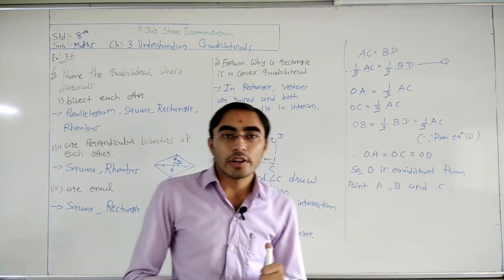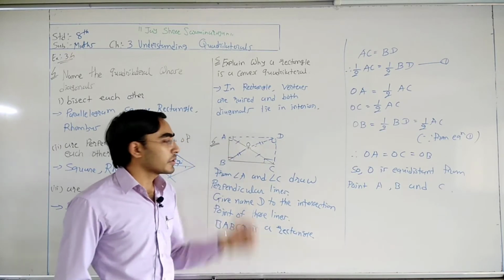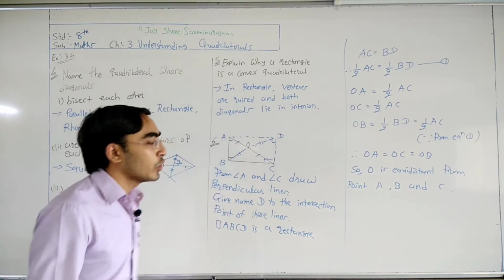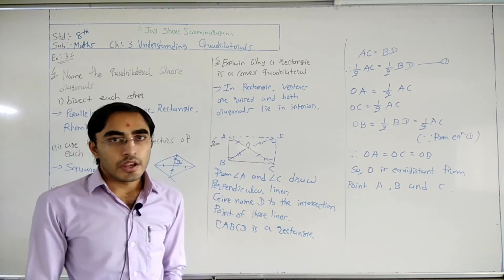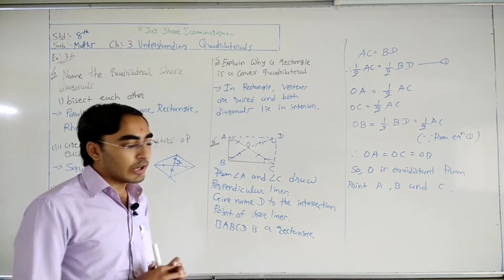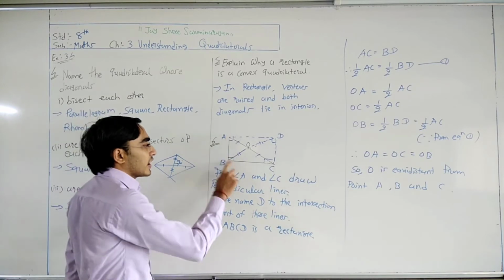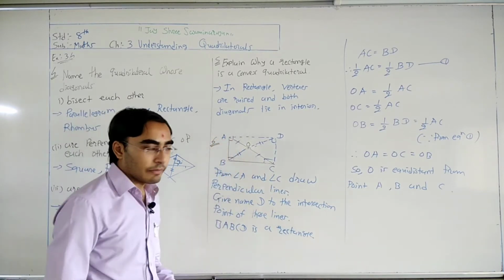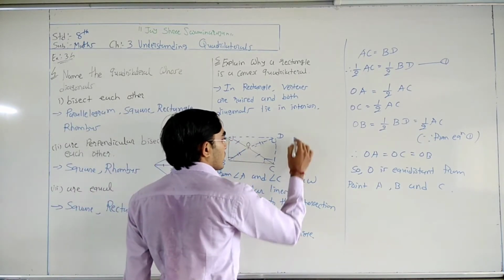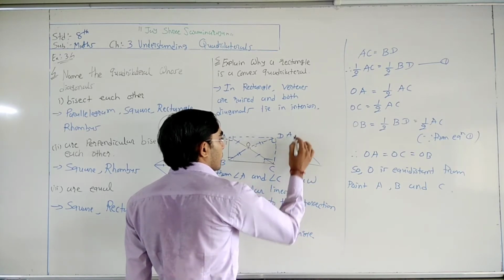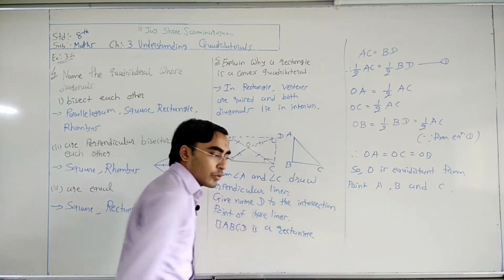Okay. After that, next is question number 6. First of all, read the question. Here in question it is given that one right angle triangle ABC is given to you.